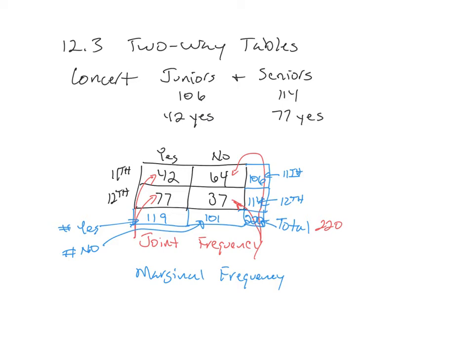Just a two-way table. Joint frequency and marginal frequency are just raw numbers. How many of them were juniors that said yes? How many were juniors that said no? 12th that said yes, 12th that said no. Just raw numbers. There's joint, marginal, and there's frequency on all of them. Joint frequency, raw numbers.